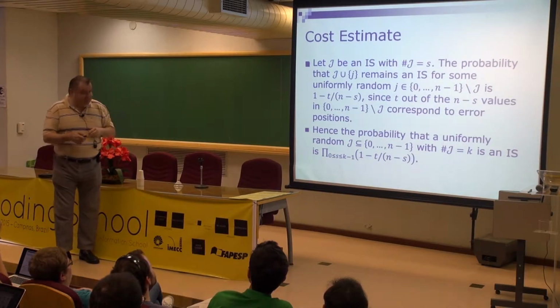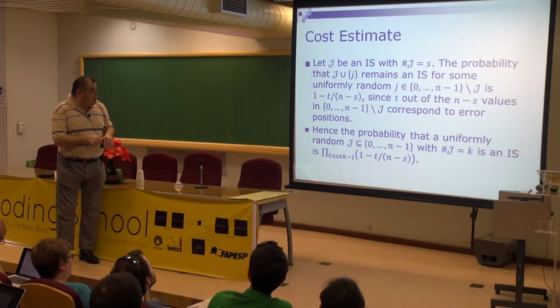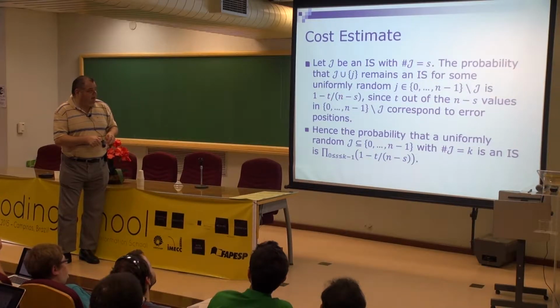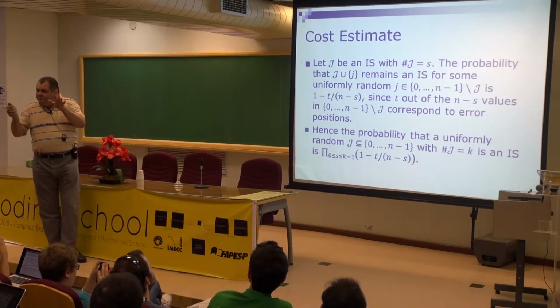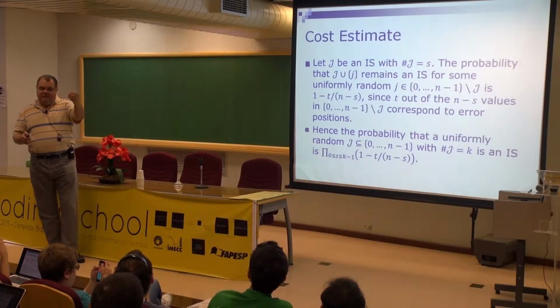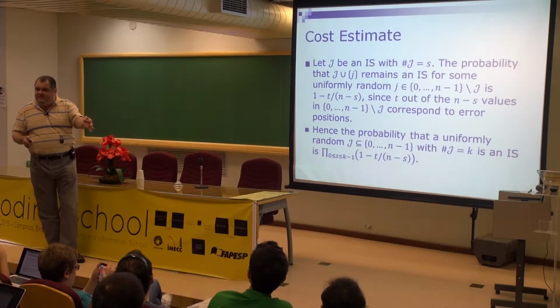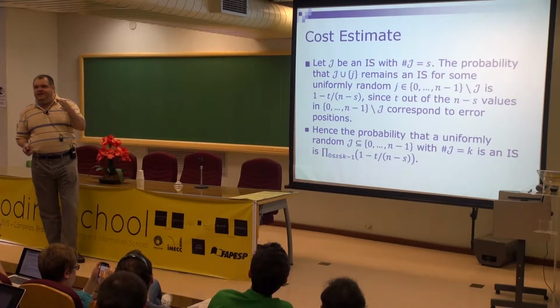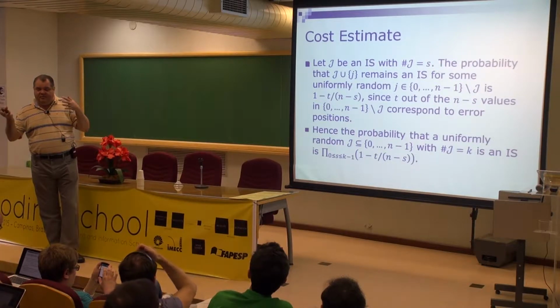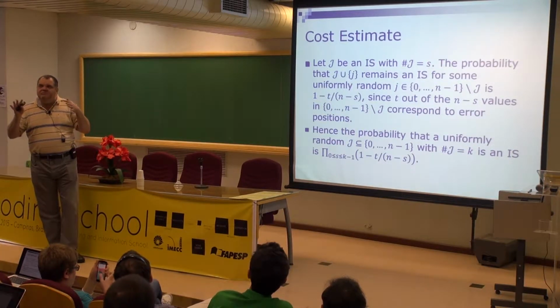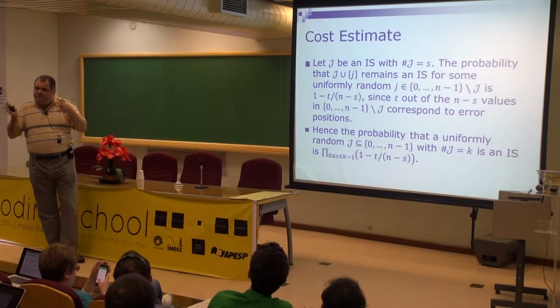It's roughly 1 minus t divided by n minus s, because the rough probability that another coordinate does not contain an error is proportional to the number of available positions that are not expected to contain errors.